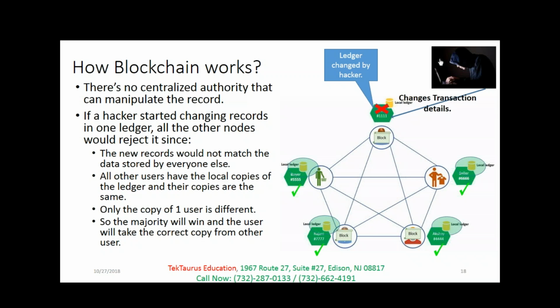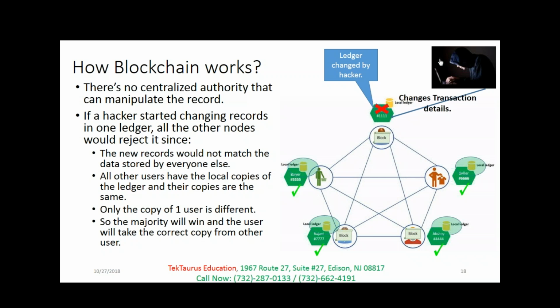So based on the majority, what will happen? They will know that this particular copy is bad. When they know that the copy of user 1111 is bad, it will be synced again from the other users, and the changes done by the hacker will no longer be there; they will be immediately rejected.